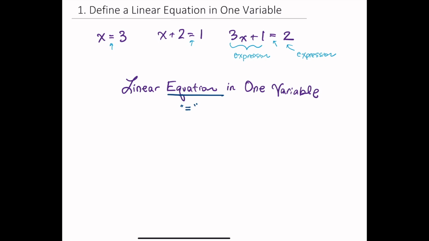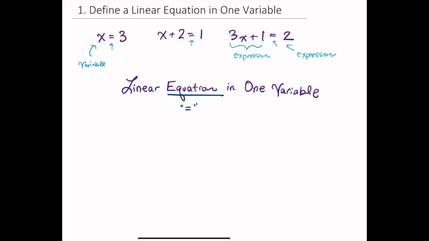And they all have an x. The x is what we'll call our variable. So you'll often see x or y, z. It could be any particular letter used as kind of a placeholder that could take on any number of values.